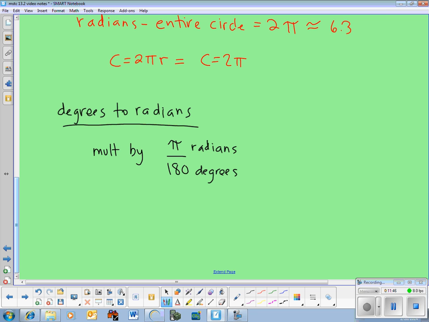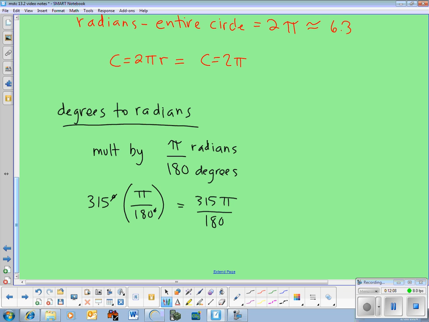So if I have, let's see, 315 degrees, I want to change it to radians. I'm going to multiply it by pi over 180. The degrees and the degrees cancel, the units cancel, and I get 315 pi over 180.